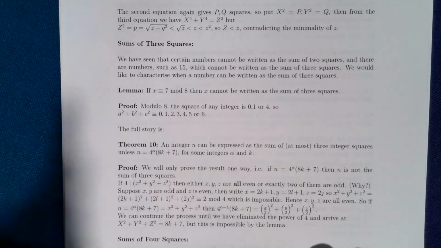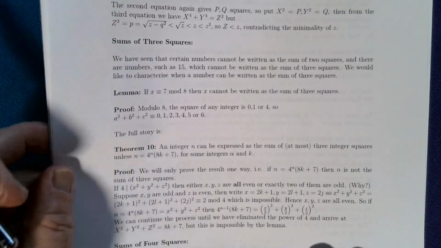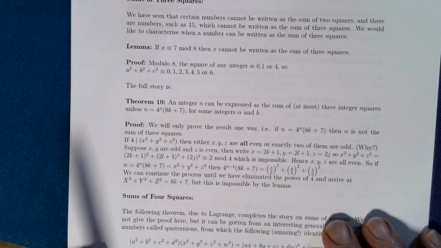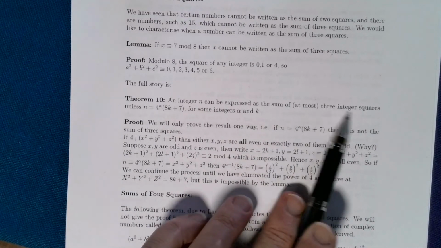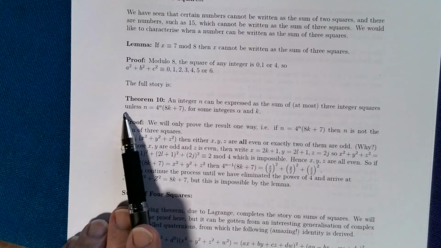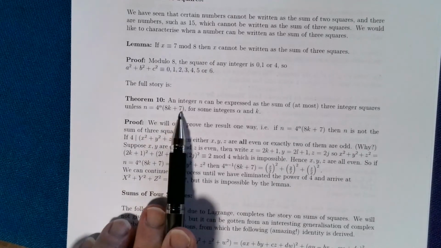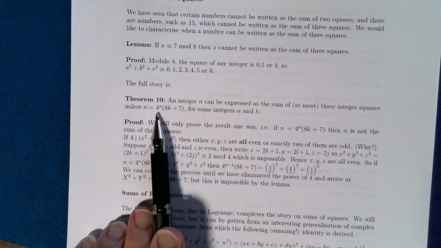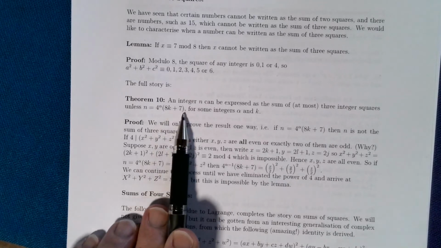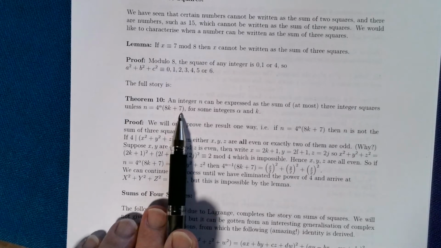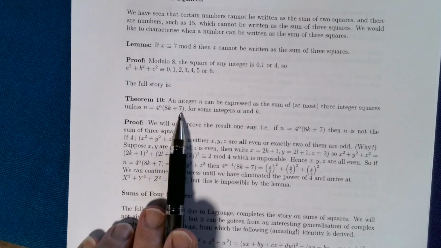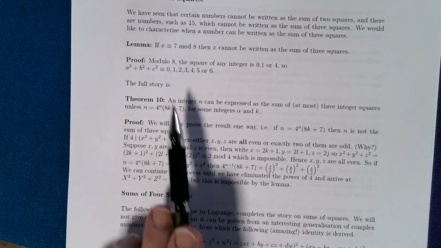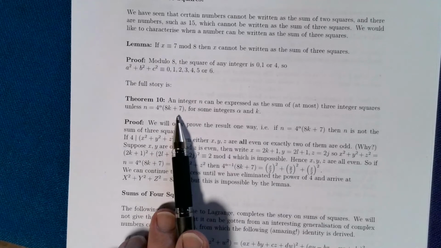Now the full story is given by theorem 10 here. A number n can be represented as the sum of at most three integer squares unless it has this shape: it's a power of 4 times a number of the form 8k plus 7. Notice, of course, if alpha is 0, then n is 8k plus 7, which would be a 7 mod 8 number, and that fits in with what we saw up here.